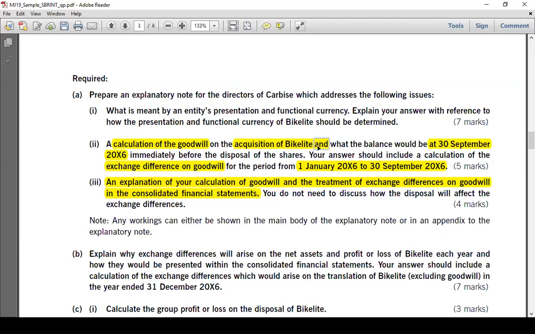Jesse is saying, can we write in layman English? Yes, indeed. Yes, Jesse, you are exactly supposed to write it in layman English. So the question is that an explanation of your calculation of goodwill.